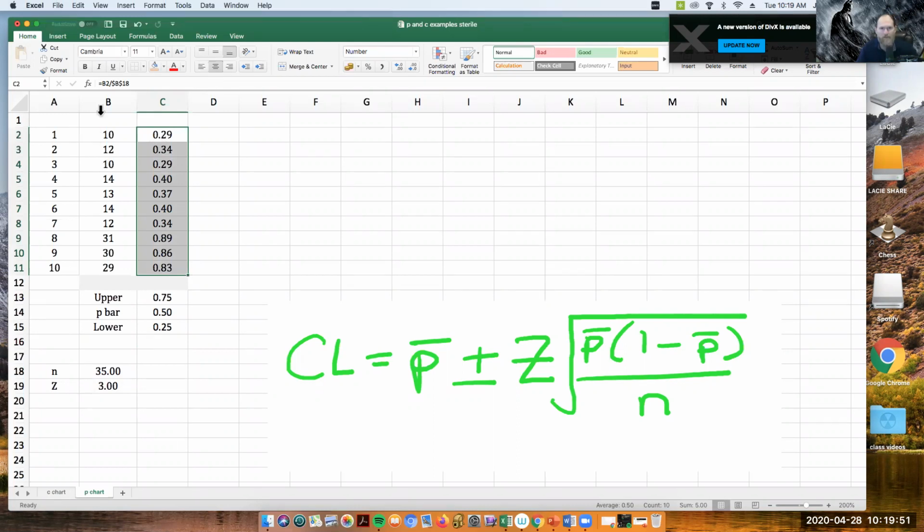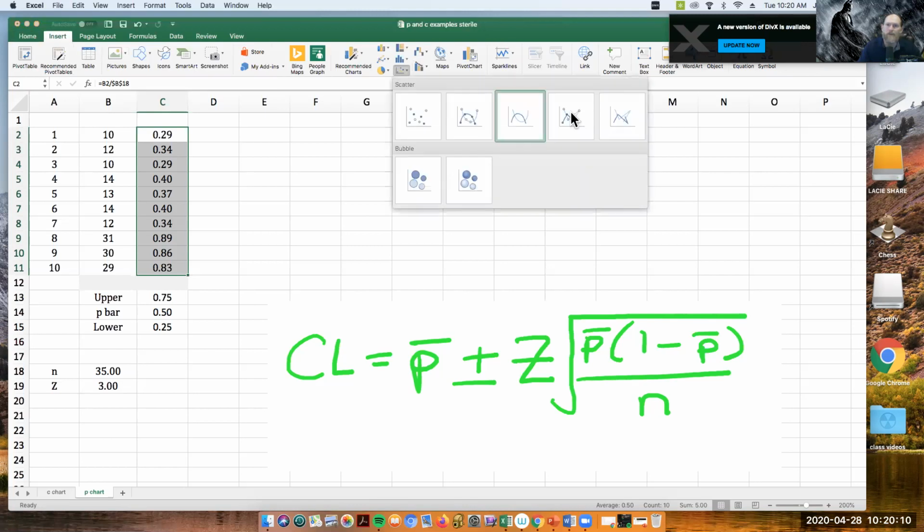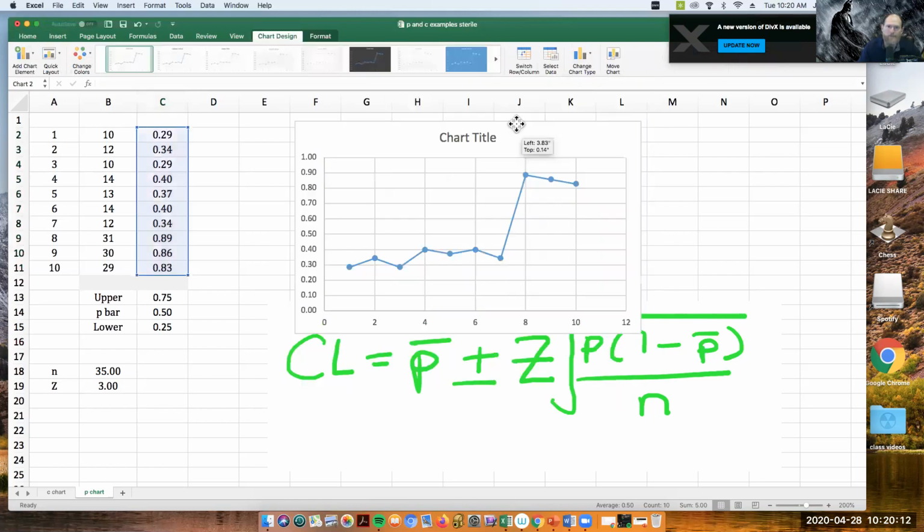If you plot these numbers over here in the B column and try to put these control limits, it'll definitely be apples and oranges because these control limits won't even be on the chart. Okay. So we want to definitely plot these respective proportions. And I'm going to do that the same way I've always done it. Boom.